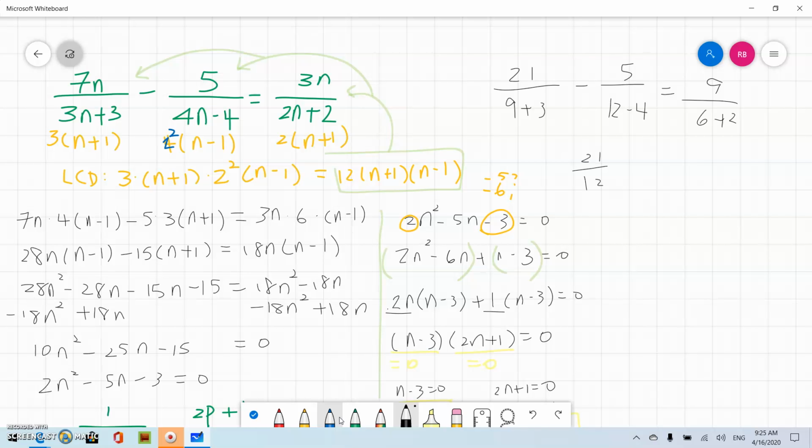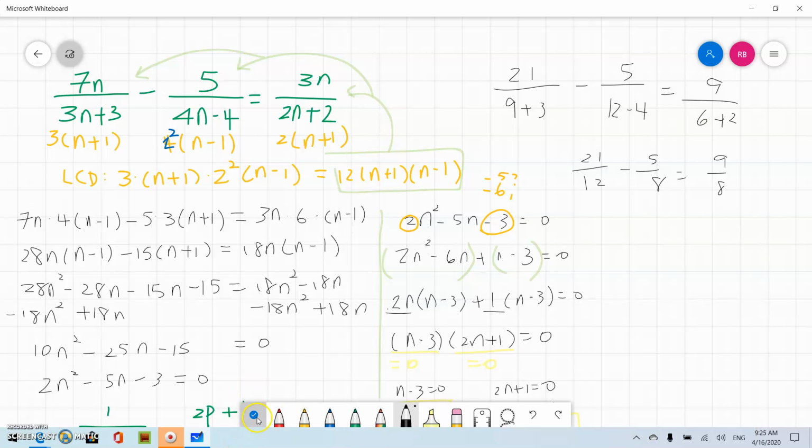So basically, I need to have these two equal to each other. And I'm just going to use a calculator because I just need to check quickly if they give me the same answer. And it does. So n equal 3 is part of my answer.